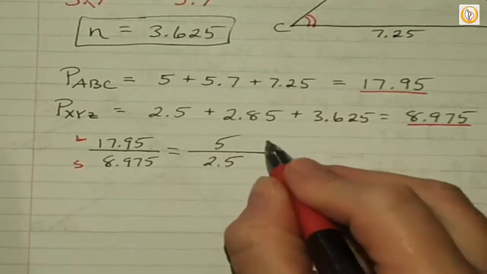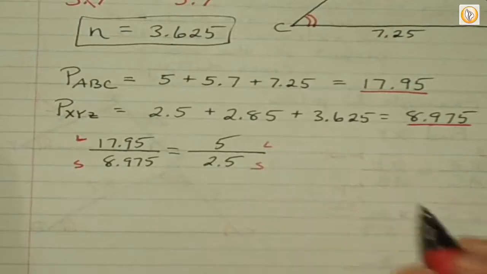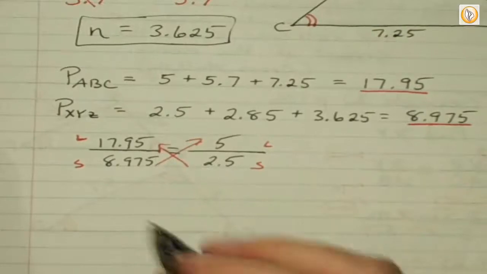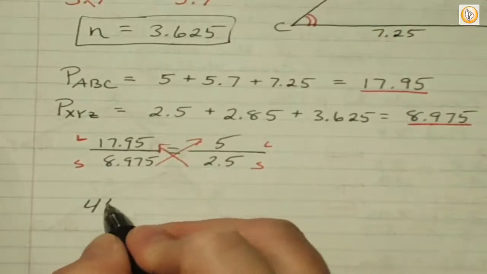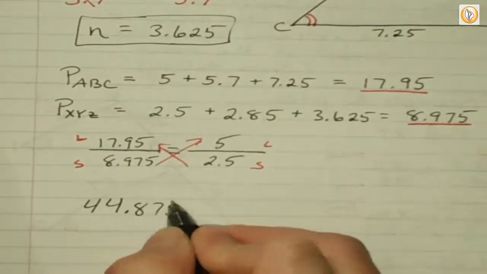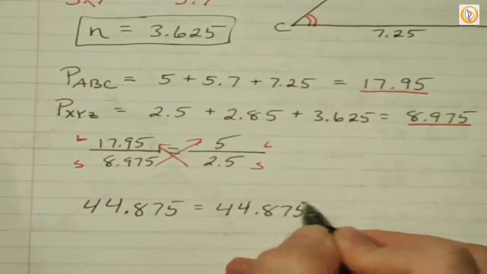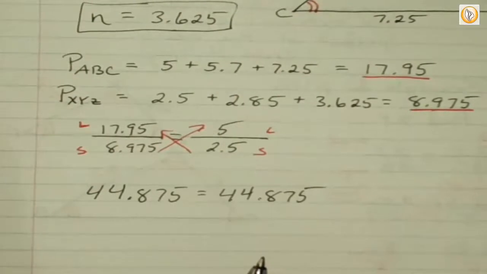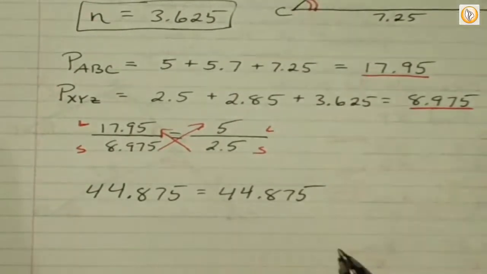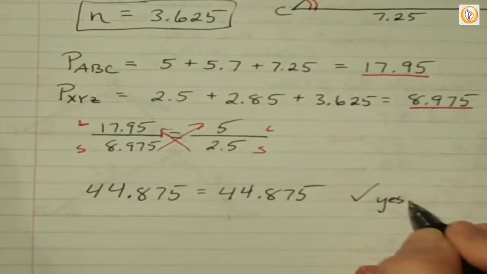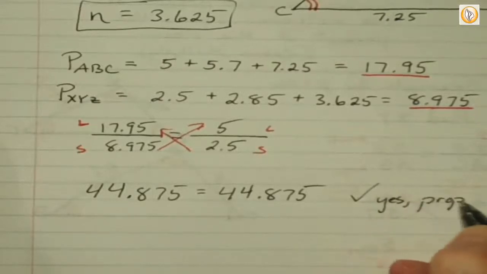This is my large. This is my small. You do cross multiplication and you get 4.875 on this side and 4.875 on that side. Are they the same? Yes, ma'am. So then, yes, they're proportional.